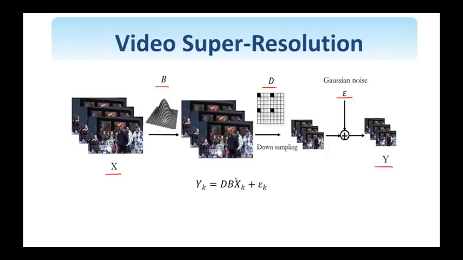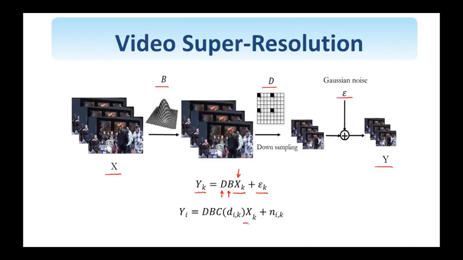So the high resolution frame X of k is blurred, downsampled, and noise is added to generate the low resolution frame Y at time k. Now the high resolution frame X at time k can also generate additional low resolution observations at different time instances according to this formula.